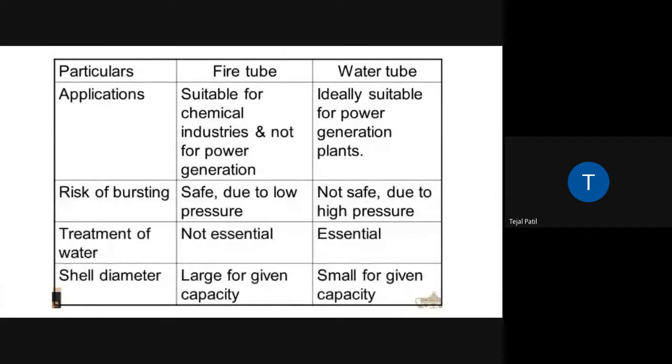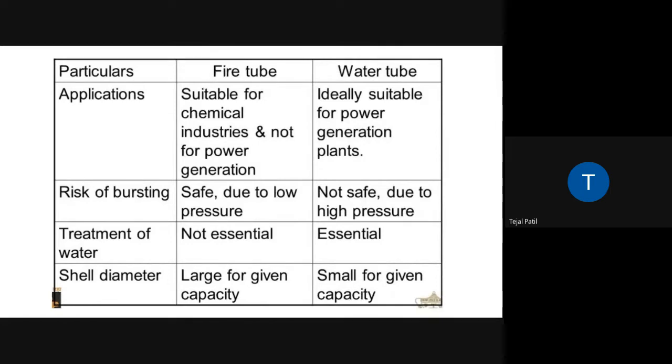Okay, then next, the water tube boiler is ideally suitable for power stations, because you are getting a very huge amount of pressure over there, right? That is why it is suitable for power plants.